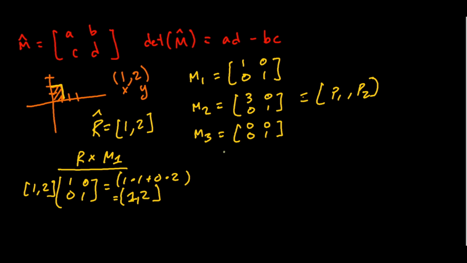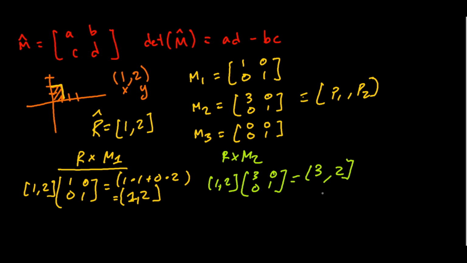Now doing R times M2, we now get 1, 2 times 3, 0, 0, 1. Now I'm not going to go through the whole rows times cols again, but you can do it yourself just to follow along. And this comes out to 3, 2.